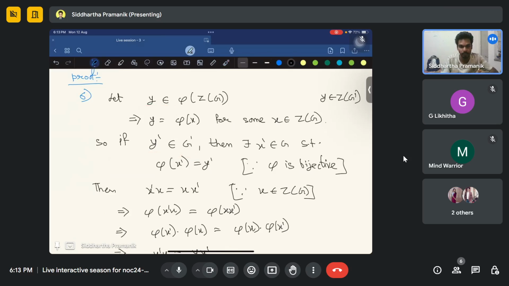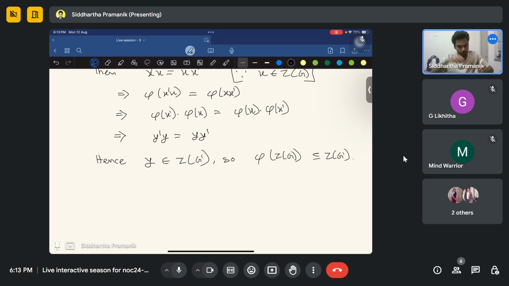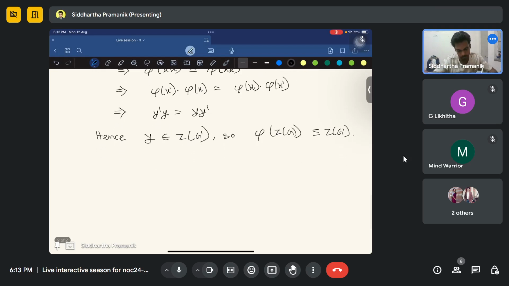So it definitely belongs to the center. Hence, y belongs to Z(G prime). So phi of Z(G) is a subset of Z(G prime). Okay, I hope it is clear.